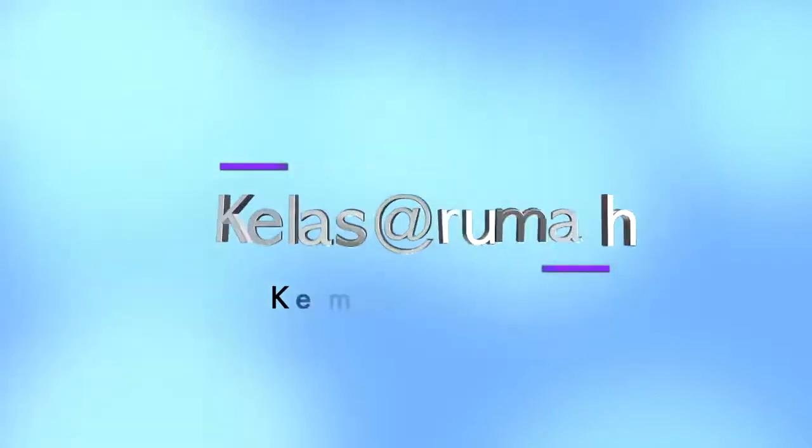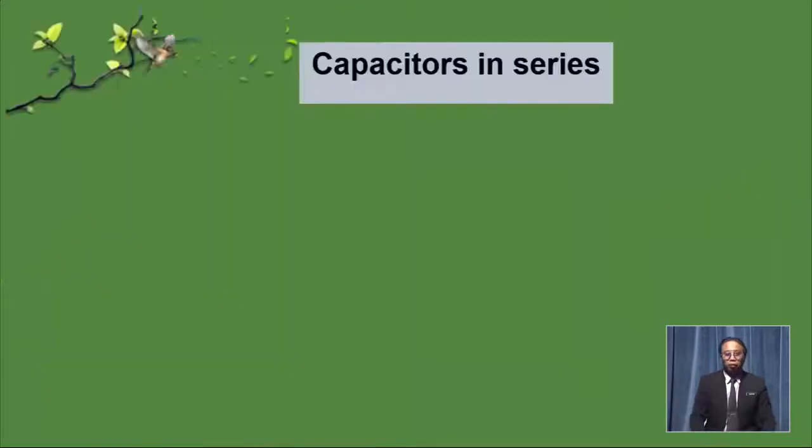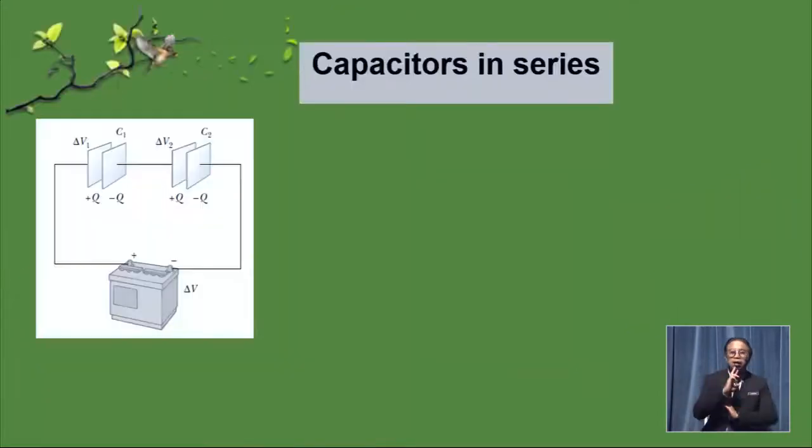Now, we will move on to the capacitors arranged in series. Two capacitors are connected in series as shown in the diagram.